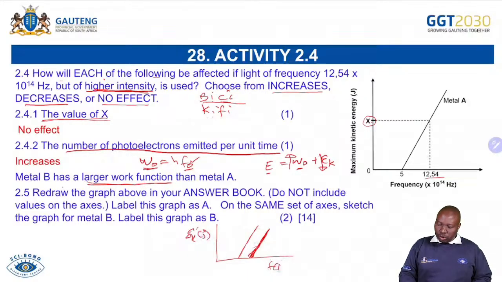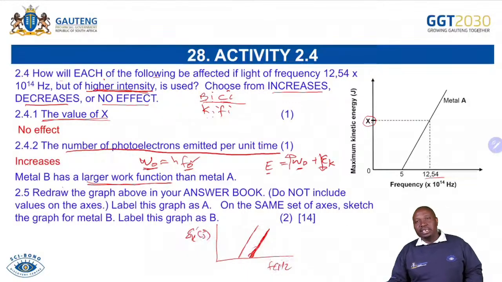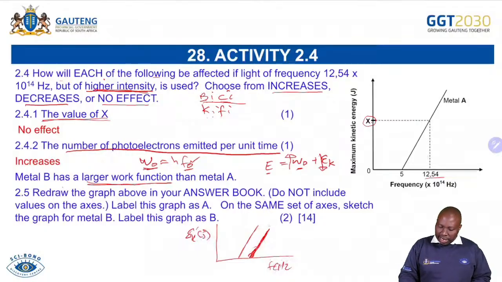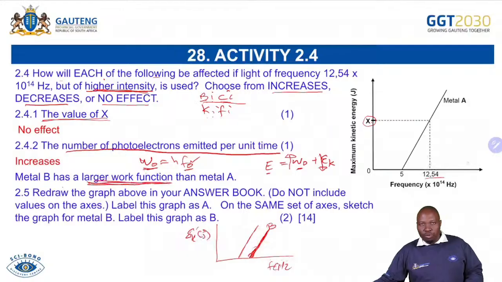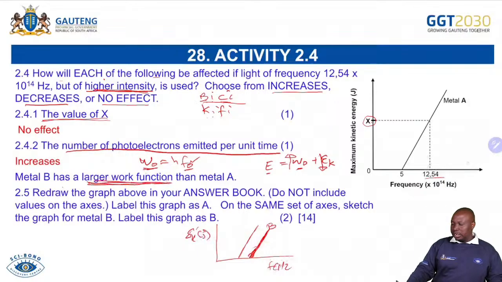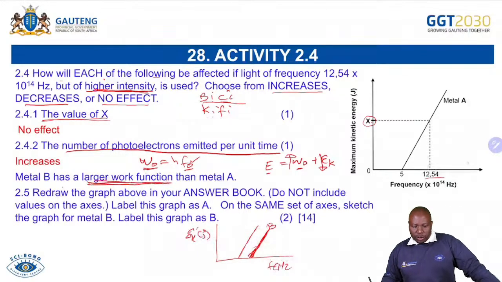And then you are able to show that it will be on the other side of A. B will be this side because now it has a larger work function. Larger work function means larger threshold frequency, and threshold frequency increases on this line when you move to the right. So you're able to do that and get your mark.